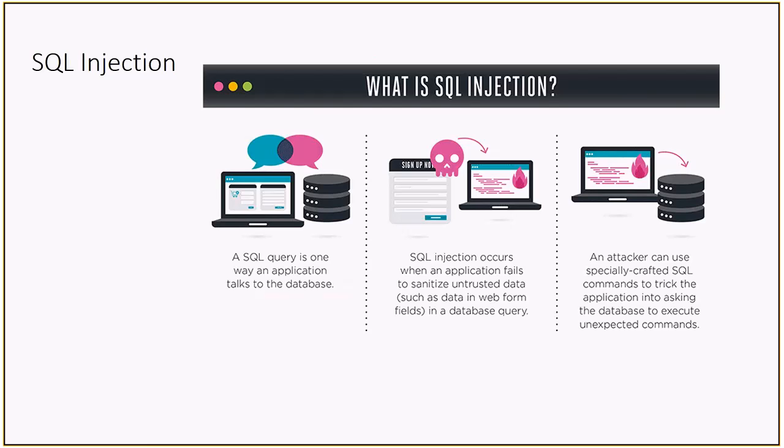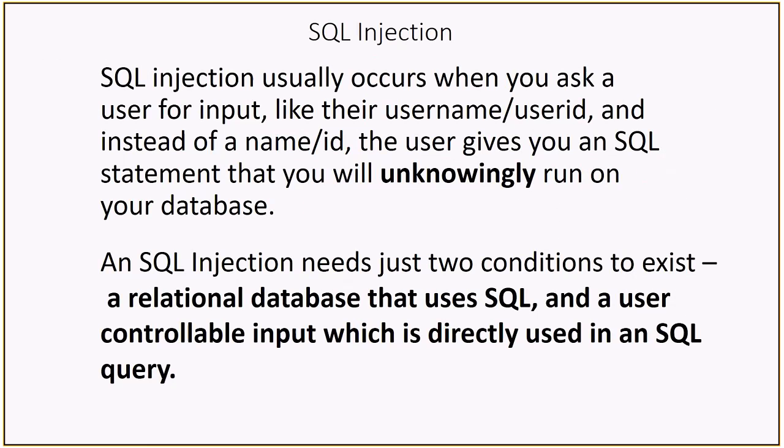So if we have data directly from web form fields in our database query, then if you enter some particular SQL commands, you can actually get data out which you don't want. So if a database is connected and an input is directly used in an SQL query, then we can expose data. I will show you some examples.